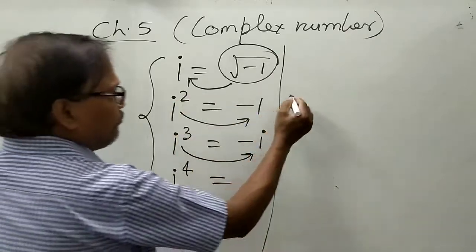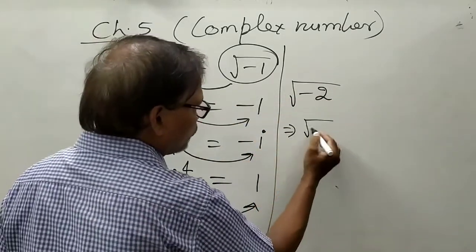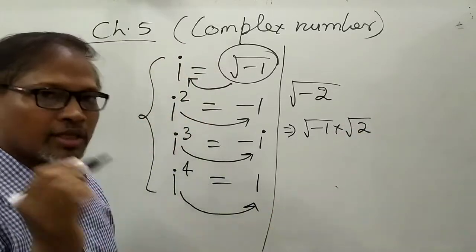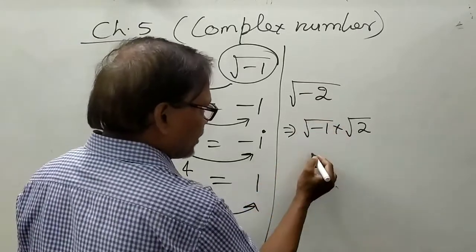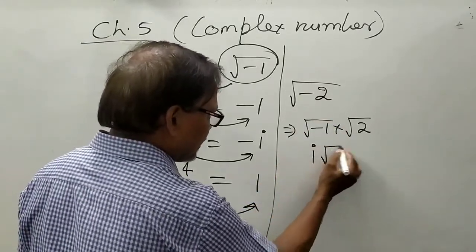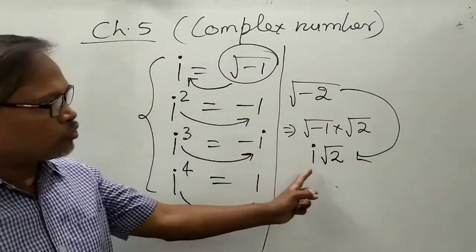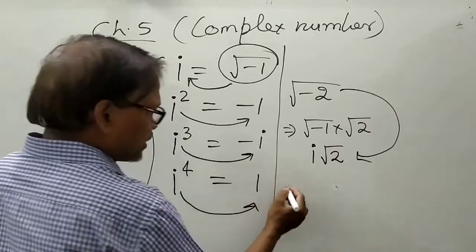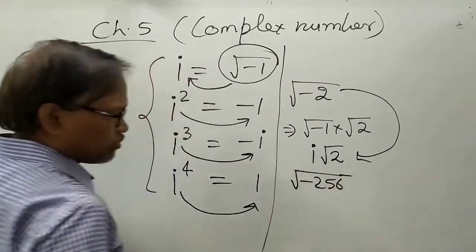So for example, if you have root of minus 2, तो इसको हम क्या लिख सकते हैं? Under root minus 1 into under root 2, by the property of irrational numbers जो पहले पढ़ाया गया है. इस under root minus 1 को I लिखेंगे and under root 2 में this you can write as I root 2. One more example, if root of minus 256, तो क्या लिखेंगे?